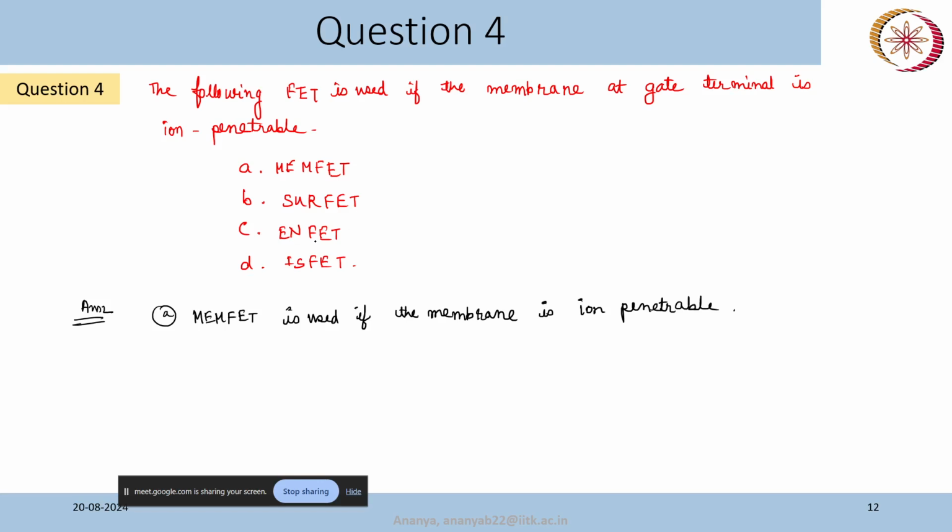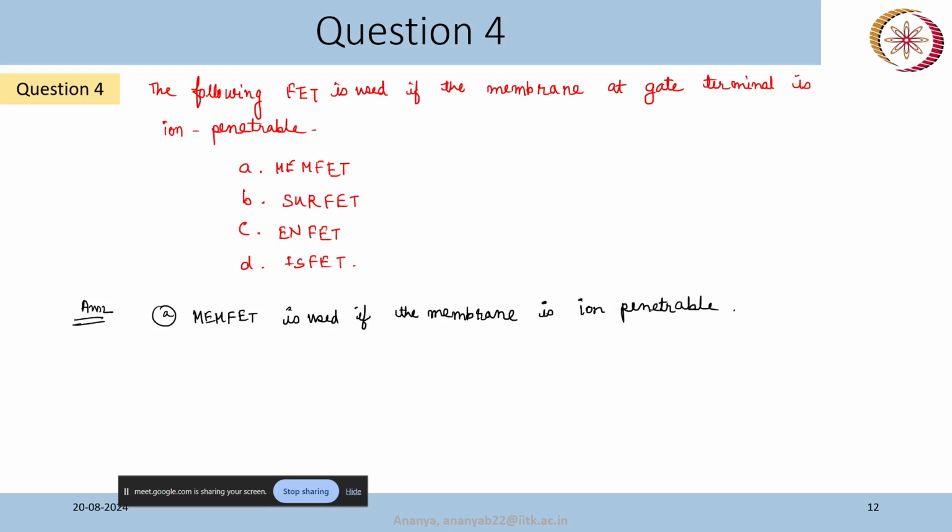And what is ENFET? If there is an enzyme coating at the membrane, like at the gate terminal, and that is sensitive to a particular analyte, so that the gate potential changes because of only that particular target analyte, that kind of configuration is known as ENFET.